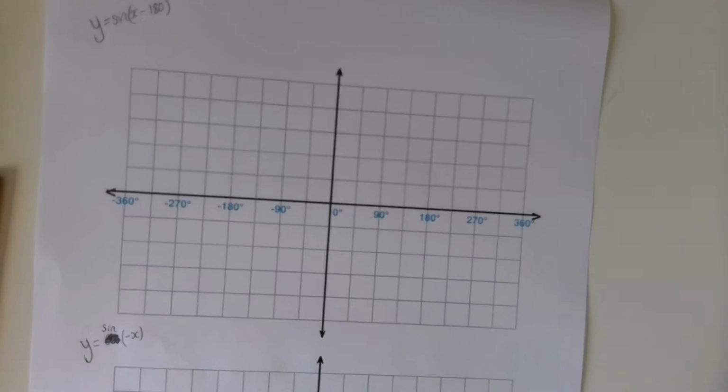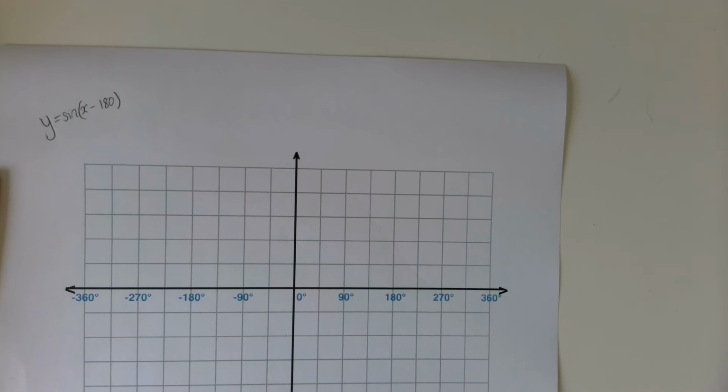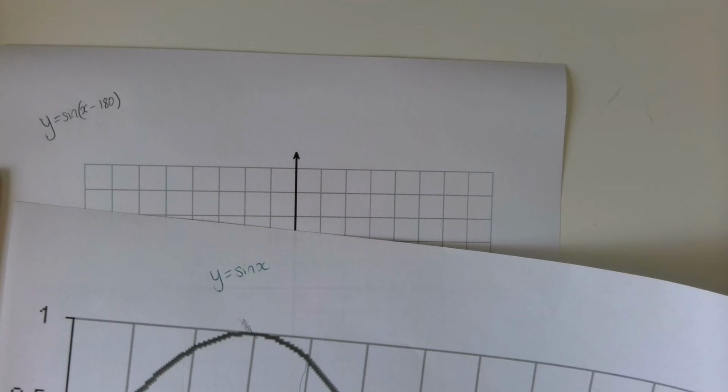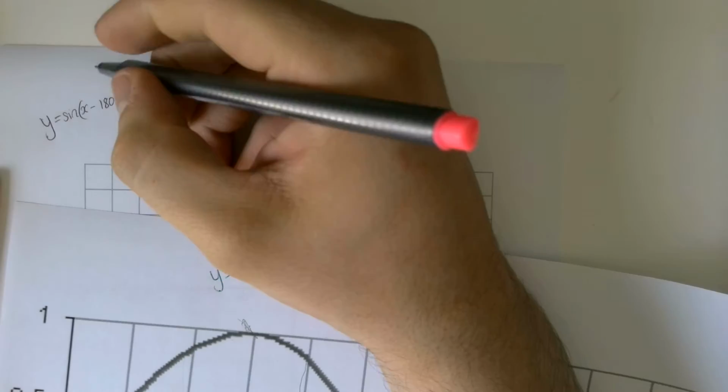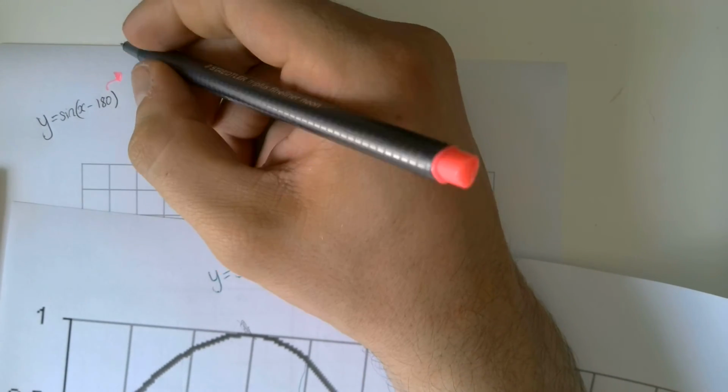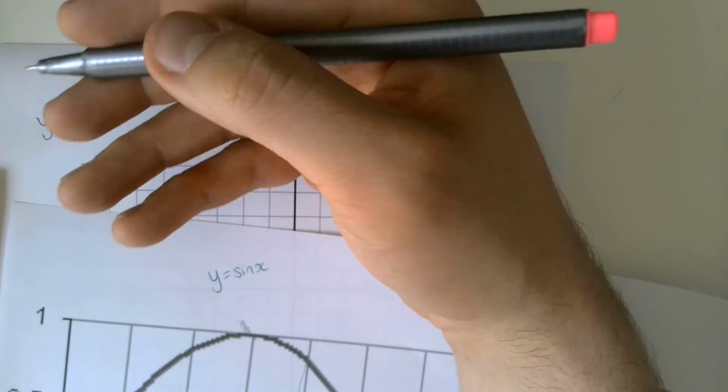Okay, just a couple more examples. So y equals sine x minus 180. So I'm going to talk about this in relation to my original sine graph, and also thinking about what I've just discovered. So because it's inside the brackets, it means it's going to work in the opposite direction.